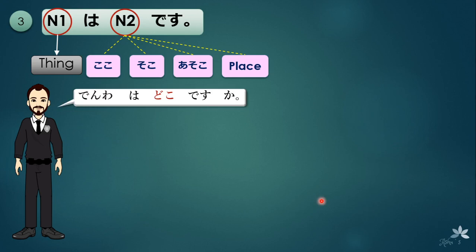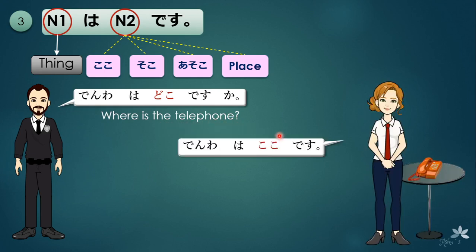Let's look into another example. Now he is asking, Denwa wa doko desu ka? Where is the telephone? The telephone is close to her, and referring to the place, she says, Denwa wa koko desu. Which means the telephone is here.